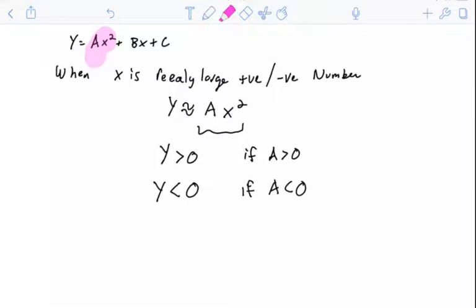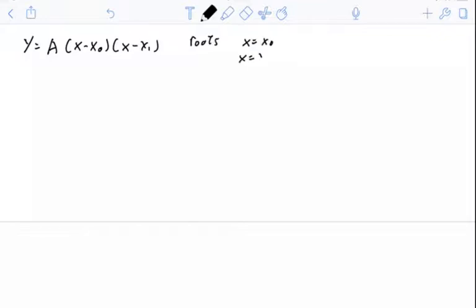We can make a similar argument with the factored form. Let me write out the factored form, and I'll walk you through that argument. y is equal to a times (x minus x0) times (x minus x1), where there are roots at x equals x0 and x equals x1, right?